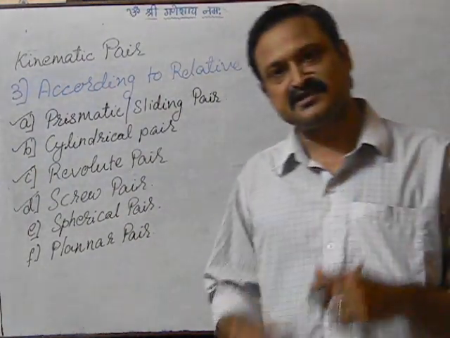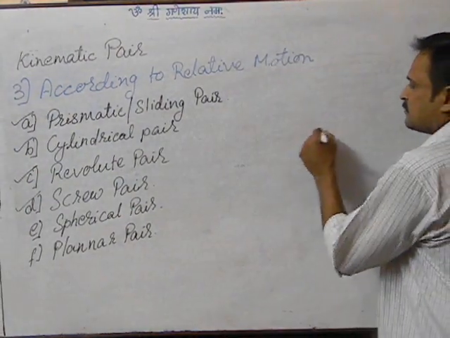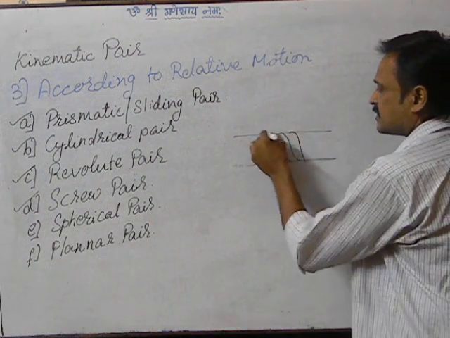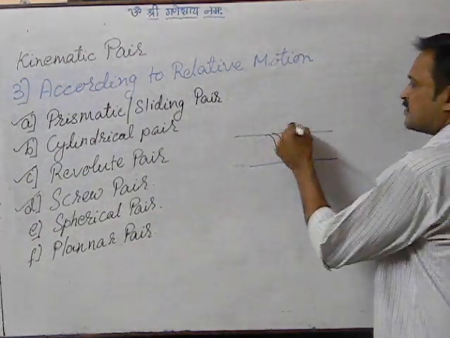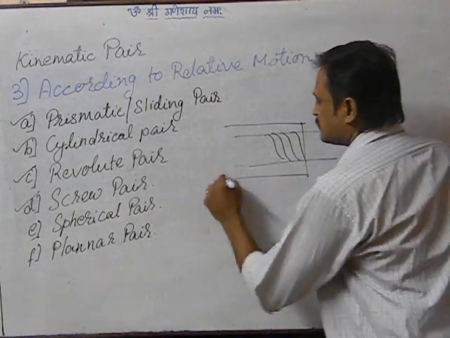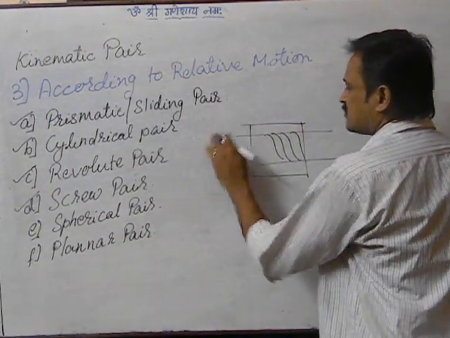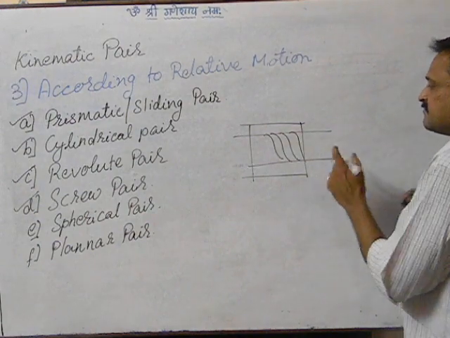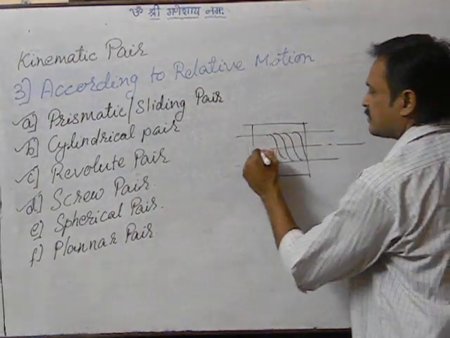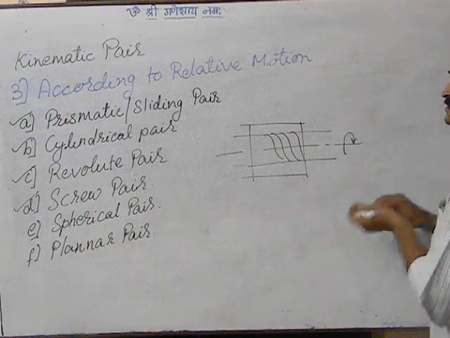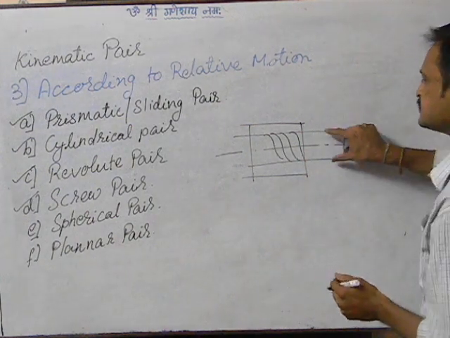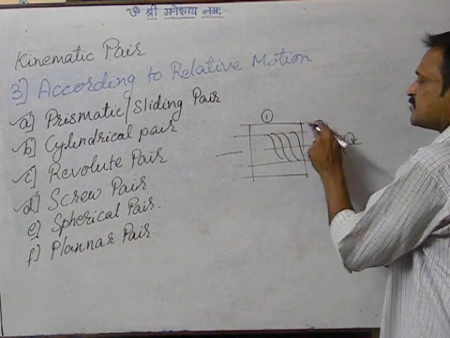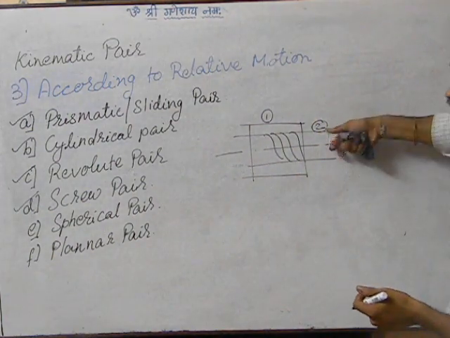Every one of us has seen a screw. So in case of a screw pair, there are threads, right? Now when this goes into, let us say, a nut, when I turn this member, say this is link 1 and this is link 2 of the pair, so I turn link number 2.